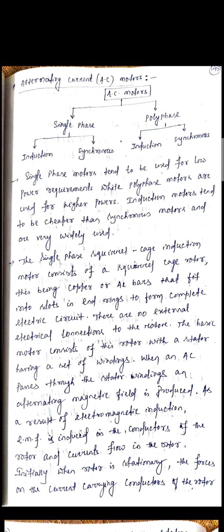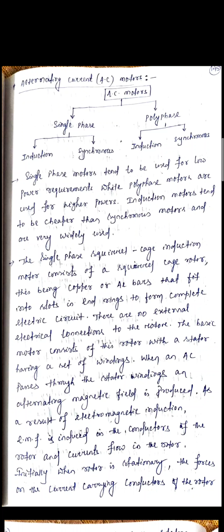And if cost comes into the picture, then induction motors tend to be cheaper as compared to synchronous motors, and mostly in industry and in various applications you are using induction motors as compared to synchronous. Why? Because they are slightly less costly.